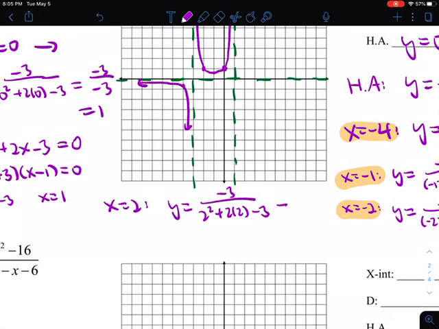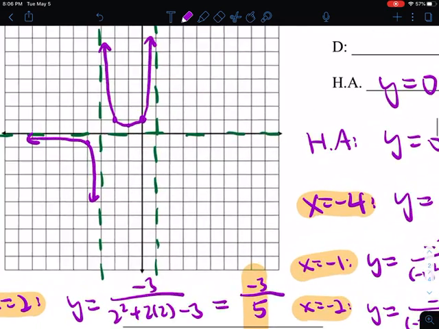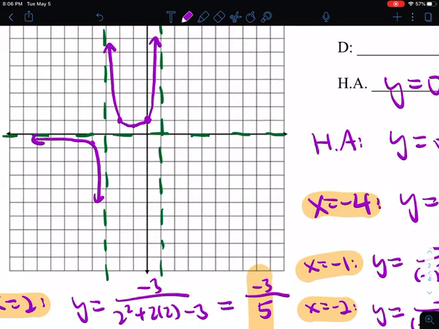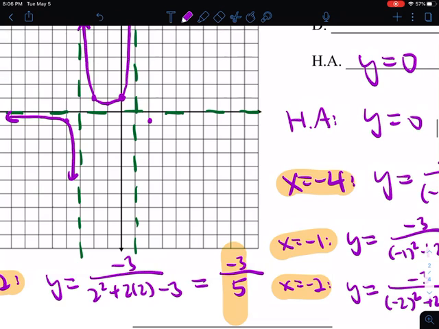I get negative 3 over, that's 4, plus 4 is 8, minus 3 is 5. When x is 2, y is negative 3/5 or negative 0.6. So that's going to be somewhere down here. And that's really all we need, because that tells us my graph is going to look something like this.